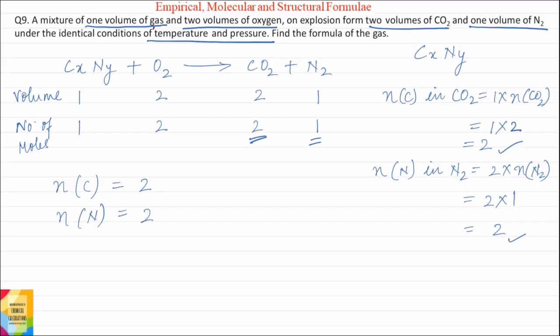This is because whatever carbon and nitrogen is present in this gas gets converted to carbon dioxide and nitrogen gas. So value of x हो गई 2, value of y हो गई 2. So formula of the gas will be C2N2.